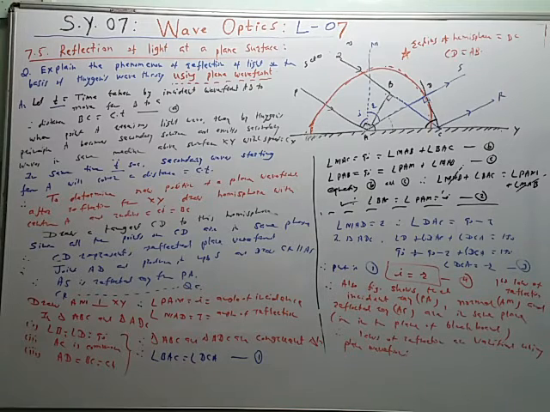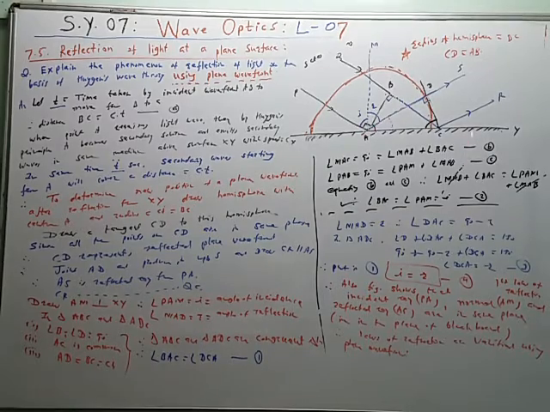Now this CD is a common tangent drawn to this wavefront, and therefore it represents the reflected wavefront after time T seconds, after reflection from the surface XY. So AB is the incident wavefront, CD is the reflected plane wavefront, PA and QC are incident rays, AS and CR are the reflected rays. So join AD and produce it up to S. AD is the radius of the circle and CD is the tangent.